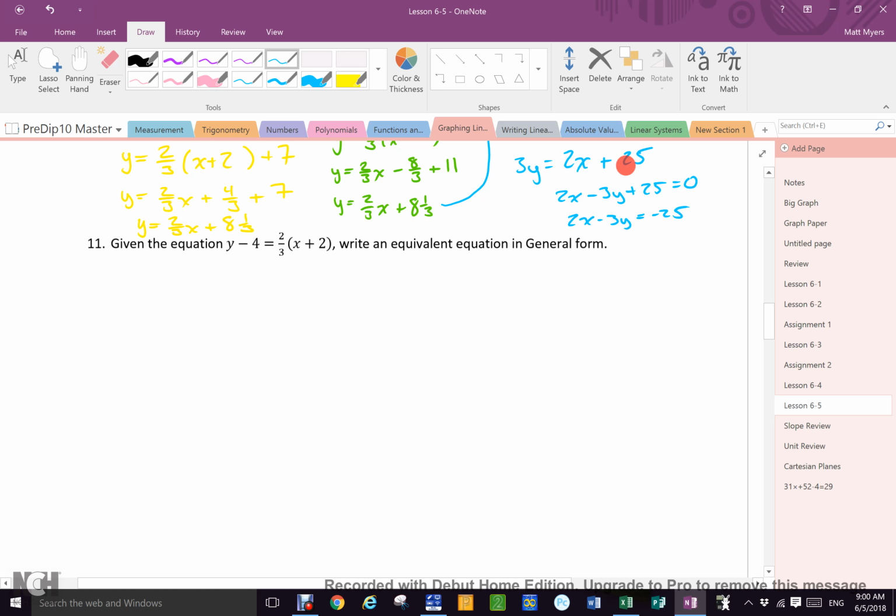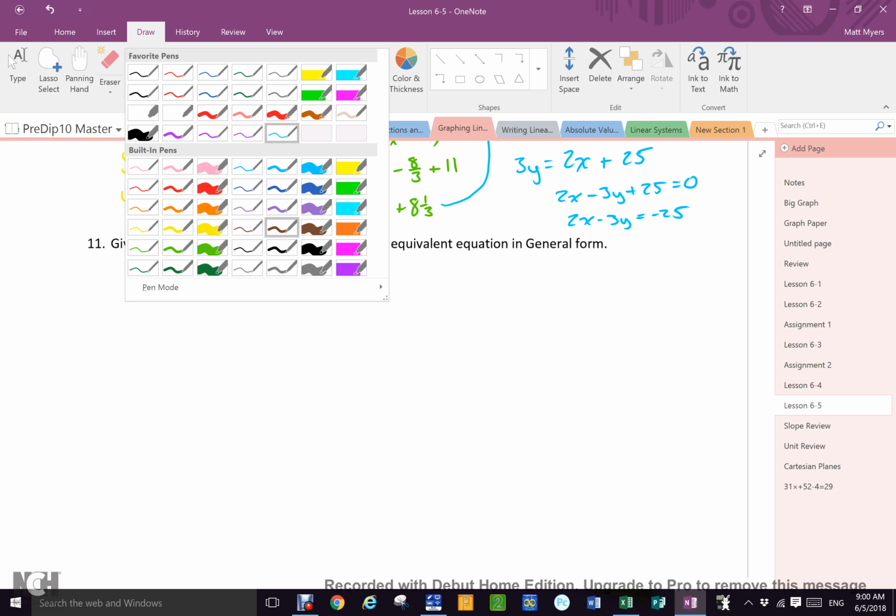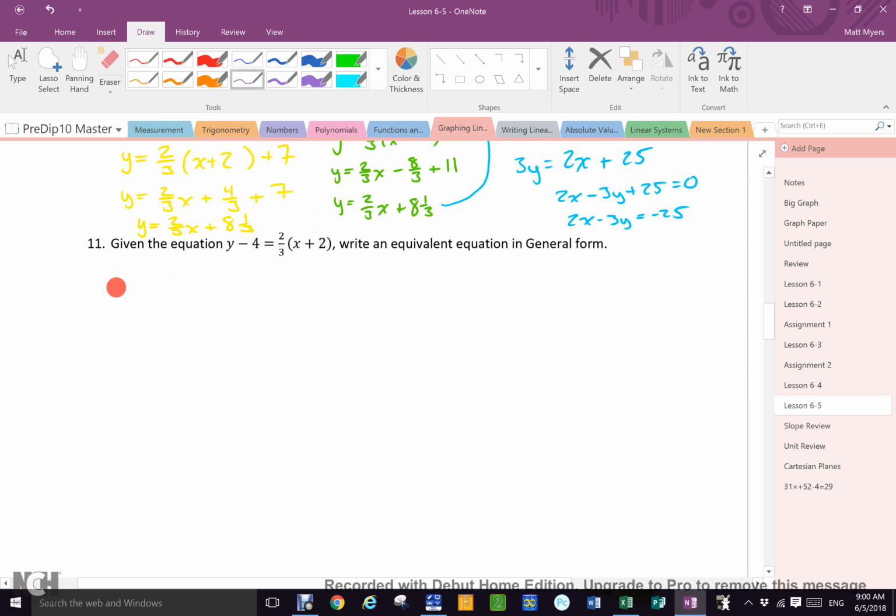Everybody good? Can you do another example of that? We're about to. Okay. So, what form is that equation in? And I want it in general form, yes? So my goal is to move that to ax plus by plus c equals 0. What needs to disappear?